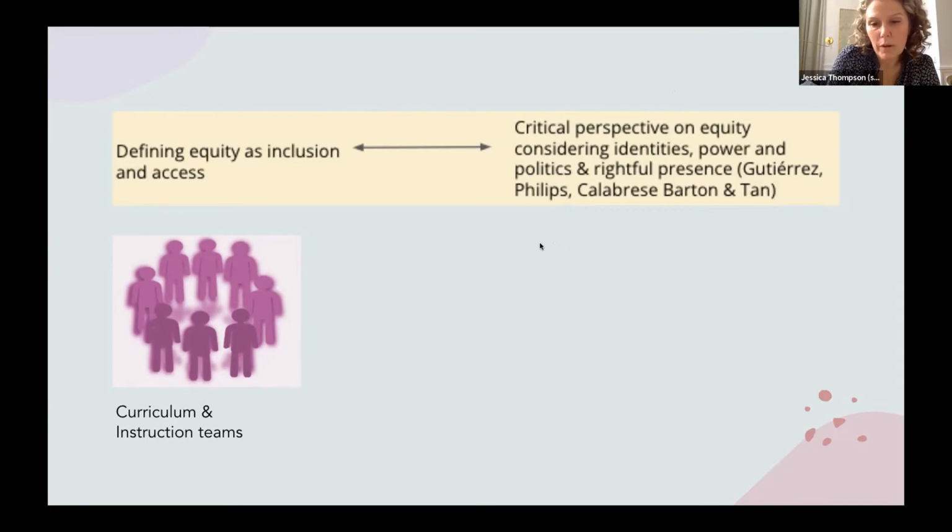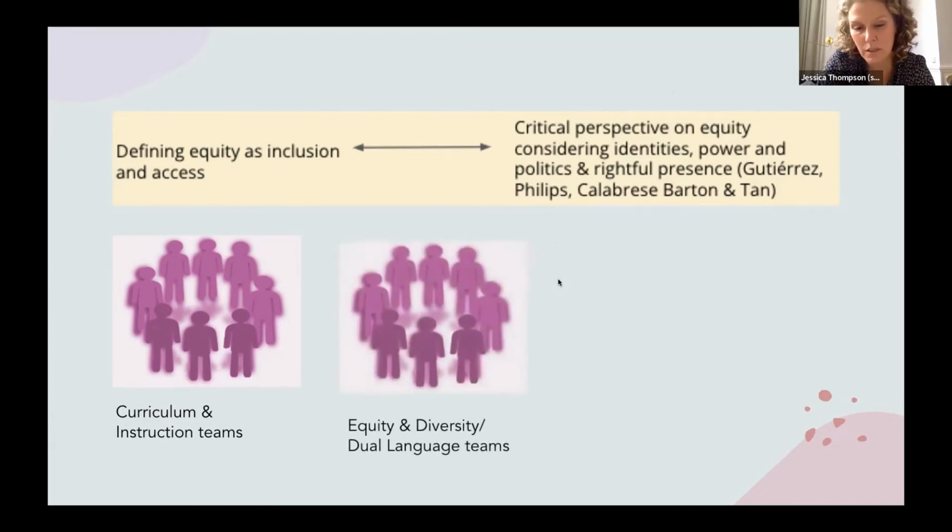But what I talked about with this other group is this need to also perhaps reach out to other teams within districts, like the diversity and equity teams, because a lot of those folks are taking on the critical perspective that just hasn't been built into particular disciplines now. So building out those partnerships can be really robust.